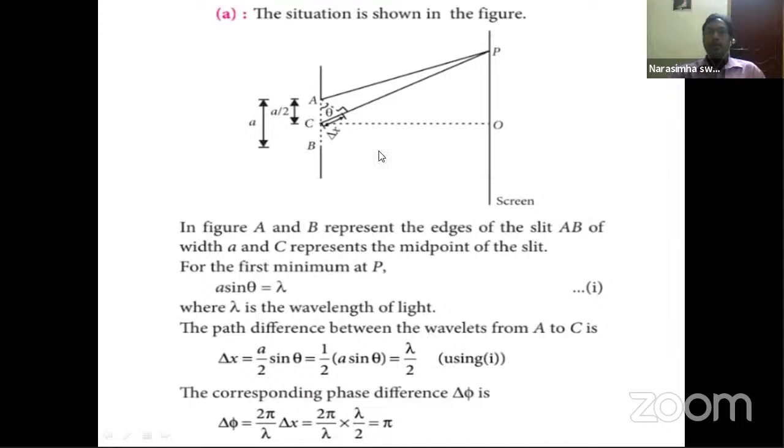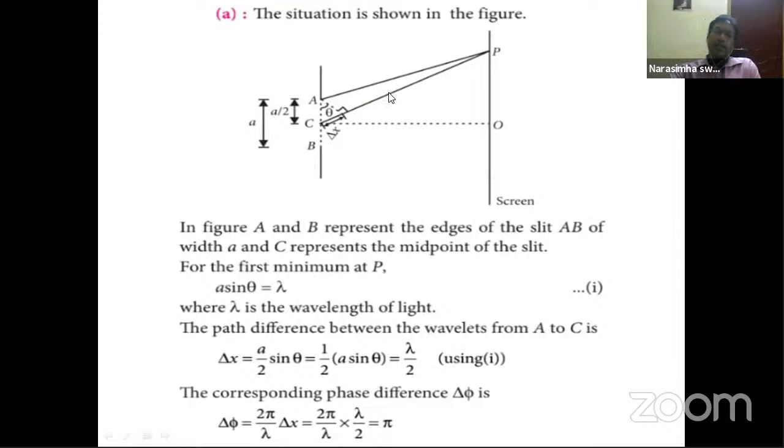But what is given in the problem is another wavelet at a point C, at the midpoint of the slit, at a distance a by 2. Here the point is making a wavelet. Now this delta x is the path difference for these two waves which started from A and C. So this is the situation.